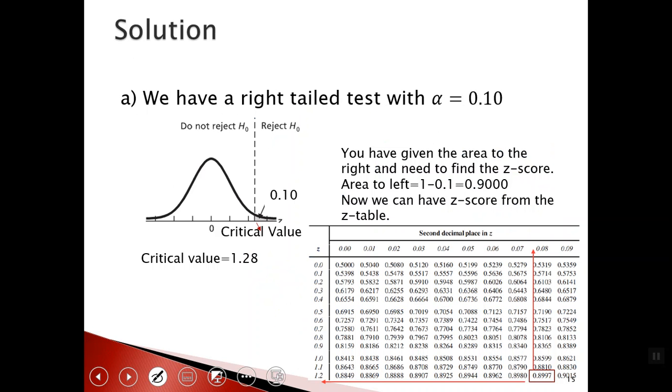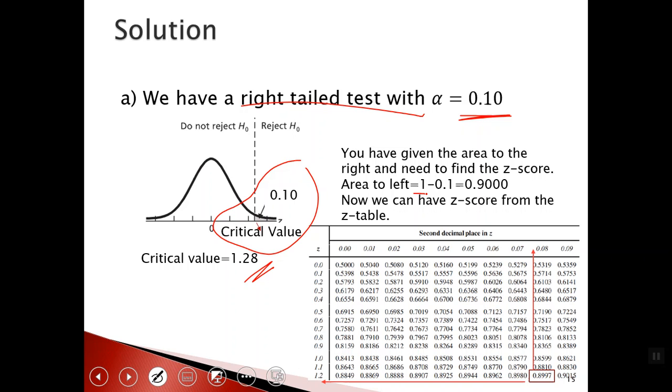Okay, let's see. We have a right tail test. Alpha this much. So this is your area, this colored area. The critical value is 1.28. You know how to get this value. How do we get that? I'll try to refresh your knowledge. On the right hand side, we need the Z score. How do we calculate the Z score? Everything we have in the Z score is from left to right. So if we need to find something on the right hand side, we just get 1 minus that value.